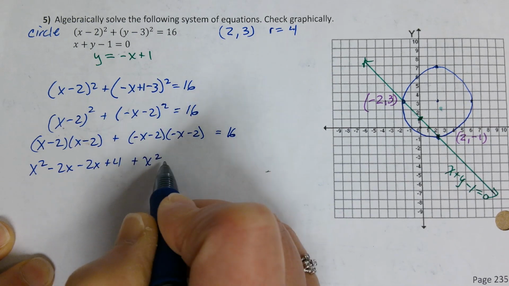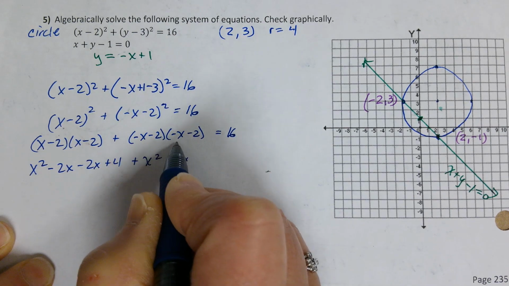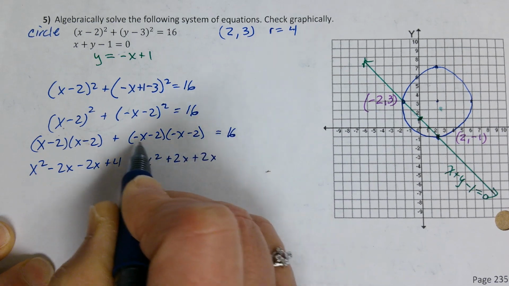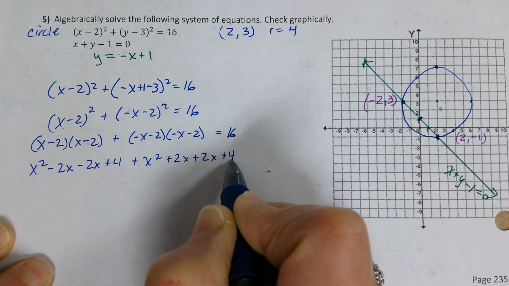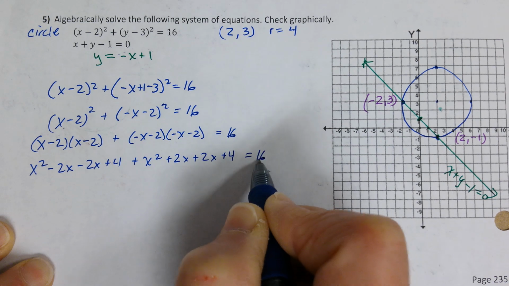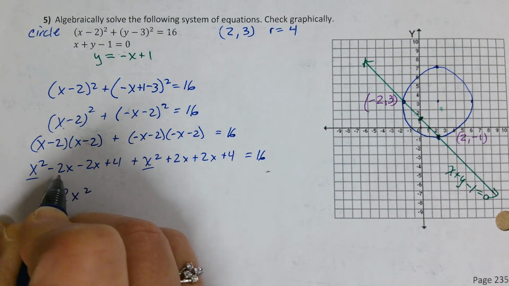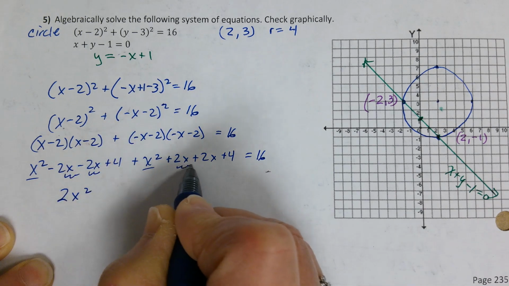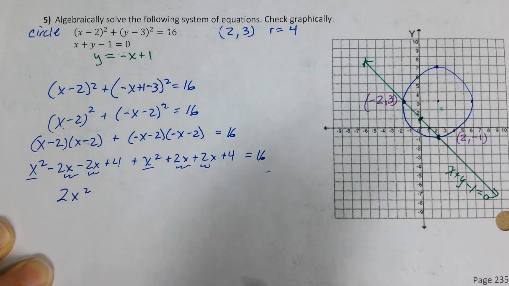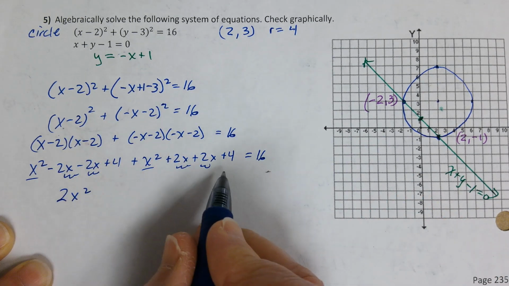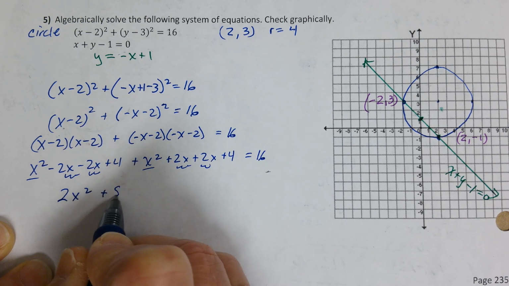Positive x squared plus 2x plus 2x plus 4. Combine like terms. Plus 8.